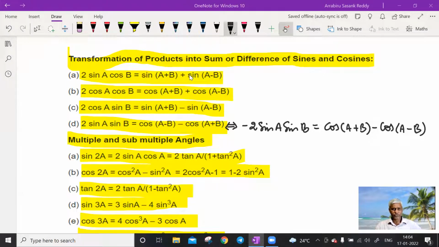So for addition, the sum of sin A plus B, sin A minus B, or cos A plus B, cos A minus B, you will get this.